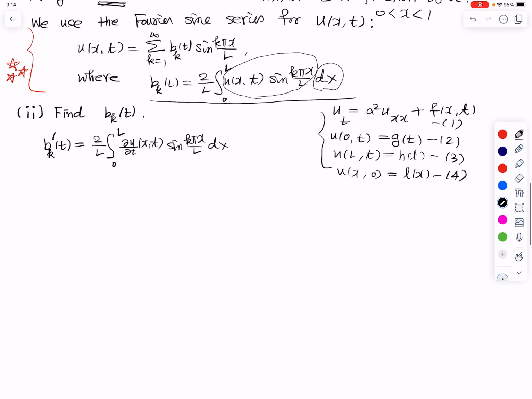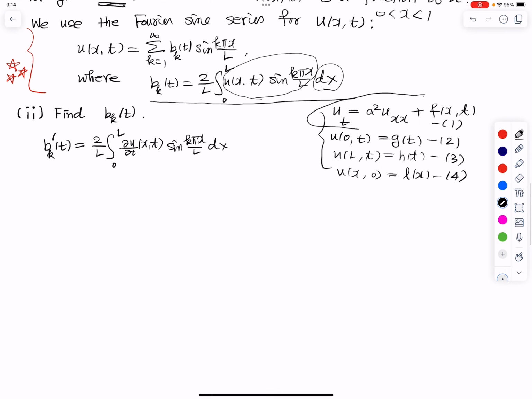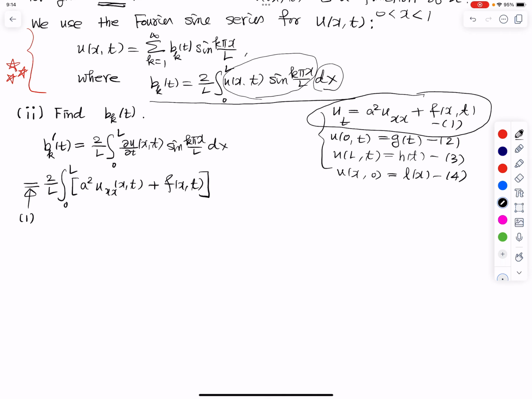Then we use equation number 1 here. We get 2 divided by L, integral from 0 to L, of a squared u_xx plus f(x,t), times sine(k pi x divided by L) dx.